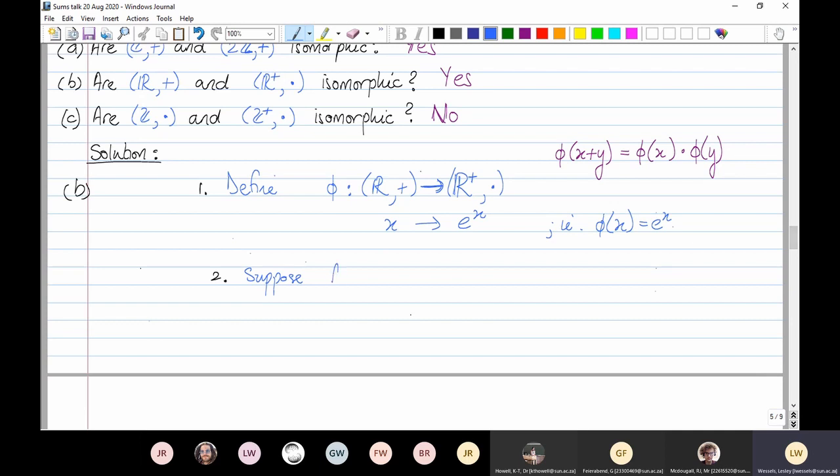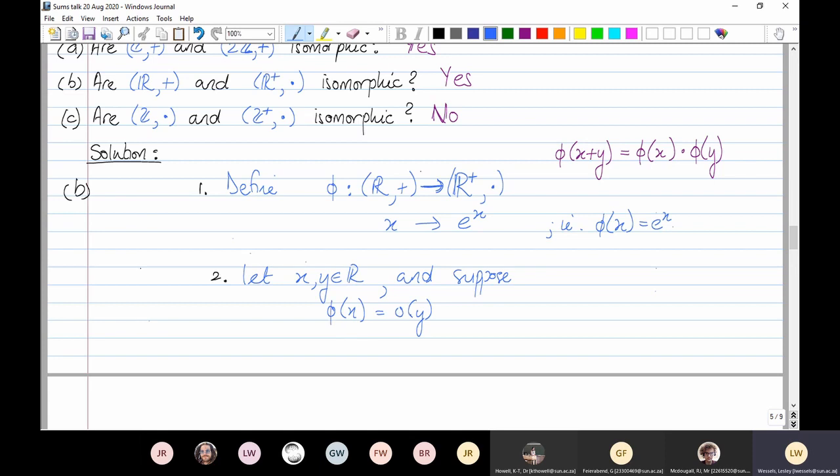So suppose x and y are in R, and suppose that phi of x is equal to phi of y.